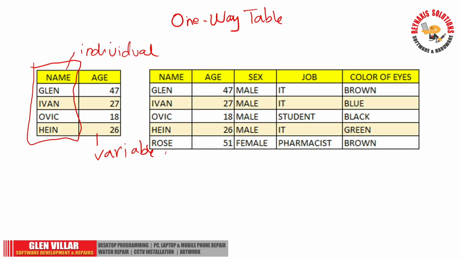Here in this example, we have the individual on the first column. And at the second column, we have an age. And as you notice, the age column is consisting of numerical value. We can call this as quantitative.